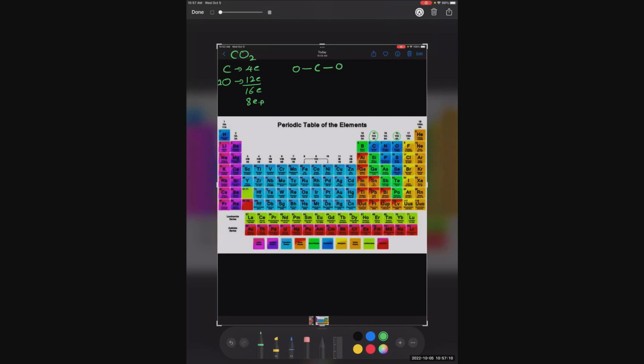Now, after determining the skeleton, we're going to distribute these 8 electron pairs, starting with the outer atoms. We already have 2 electron pairs because we have 2 bonds. Each bond is 1 electron pair. Therefore, we have 2 electron pairs already here, and then 1, 2, 3, 4, 5, 6, 7, and 8.